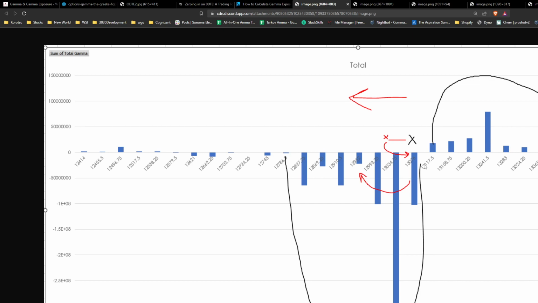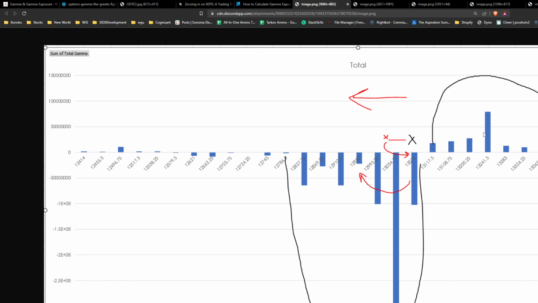Now, identifying the positive versus negative gamma here should be fairly easy. The negative gamma, where dealer assisted moves are going to be, are on the bottom, right, below this zero line, right? And positive gamma or long gamma is going to be above the zero line.